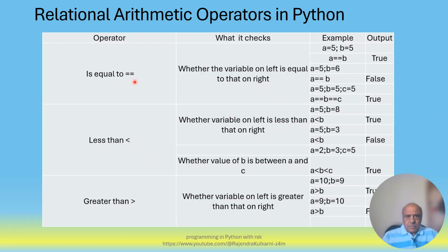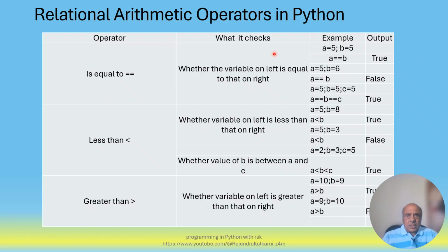This is the double equal to sign, or double assignment symbol. It tells that the quantities on the left and right of this symbol are equal. When the variable on the left is equal to that on the right, the output will be true.